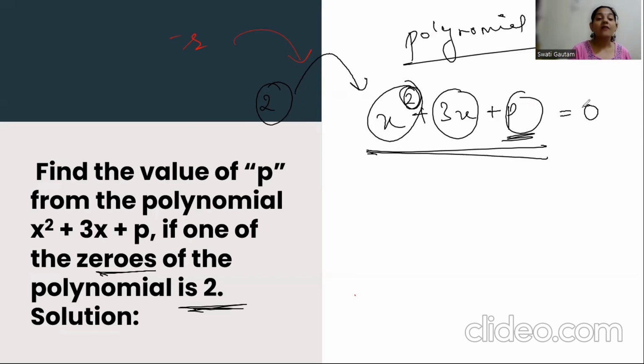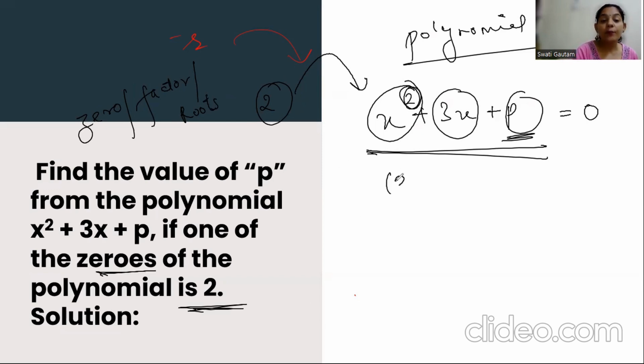Another name for a zero is root, so roots of the polynomial, zeros of the polynomial, or factors of the polynomial. Whenever you have a zero of a polynomial, you put that value in the alphabet part and put the complete polynomial equal to 0.